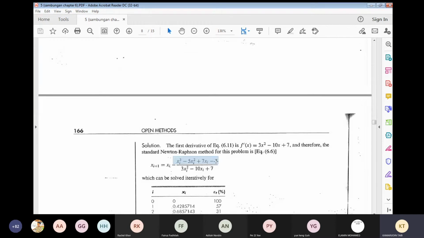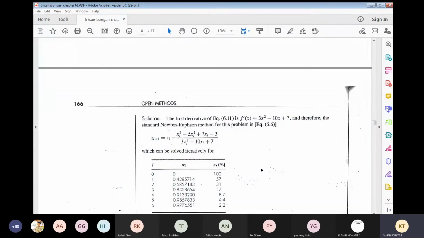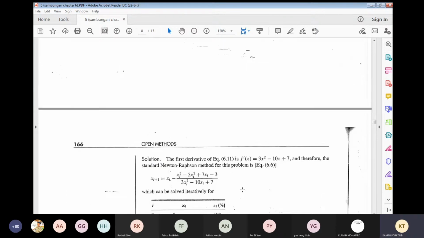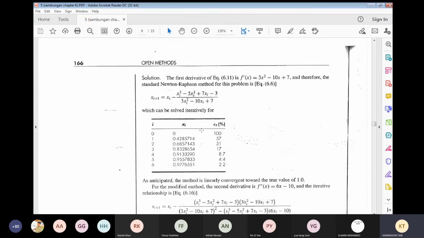So this is the function f(x) before taking the derivative, and this one is f prime of x after taking the derivative. Once we solve this iteration starting from x0 equals 0, this is the answer.